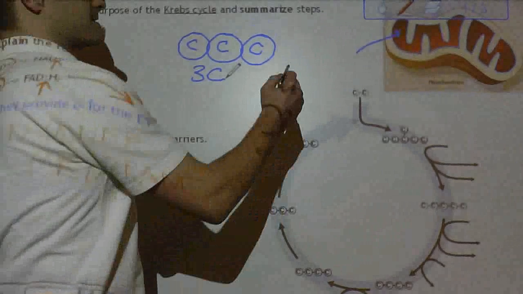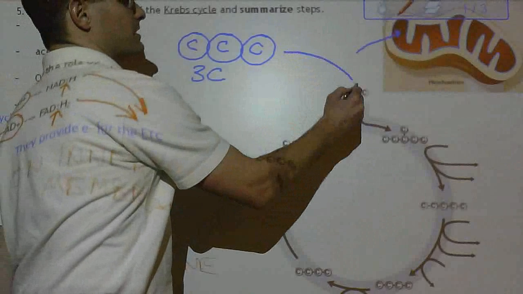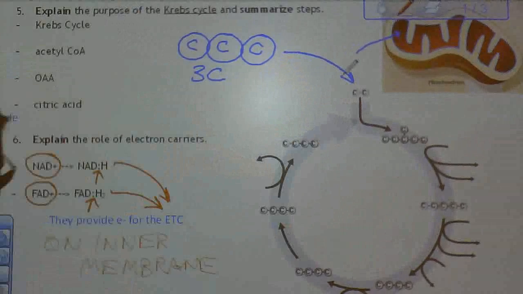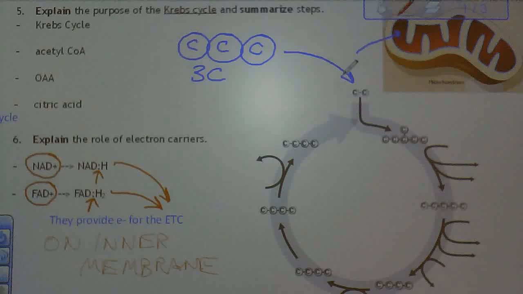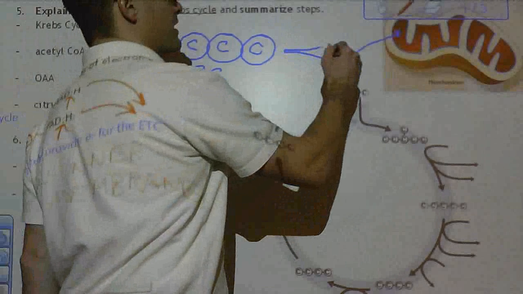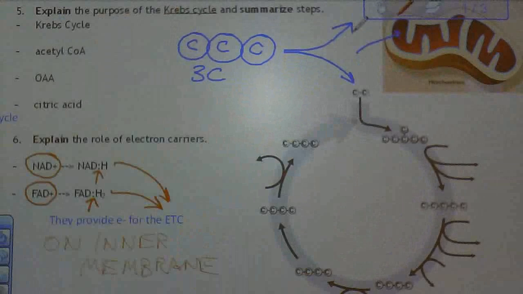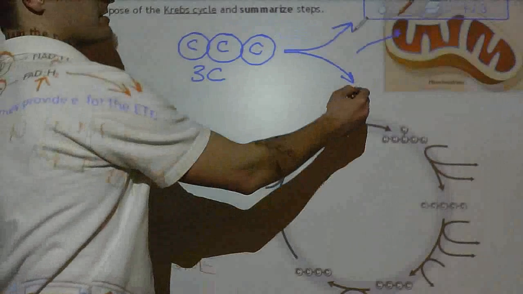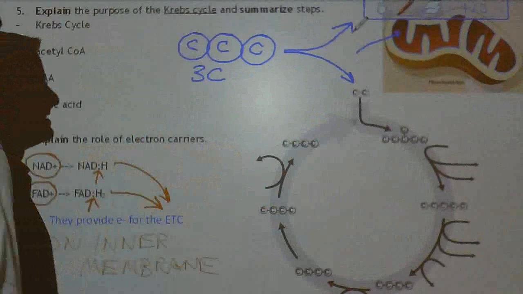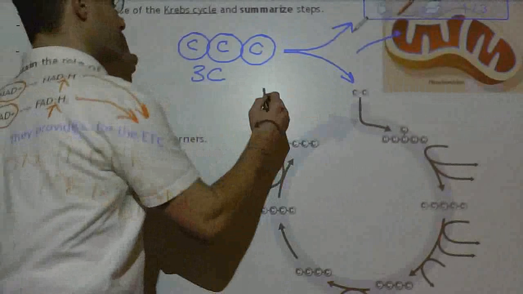These guys are eventually going to hook up with a coenzyme A, spit off one of the carbons, and the other two carbons are going to form with coenzyme A to become acetyl-CoA, and that's this guy right here.